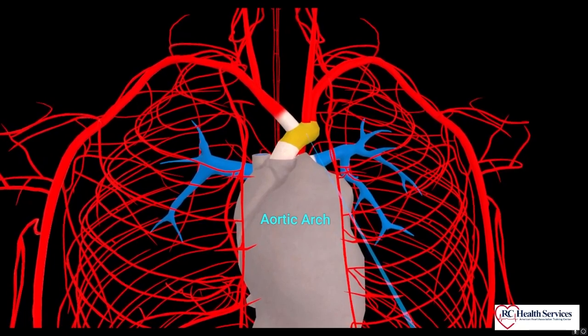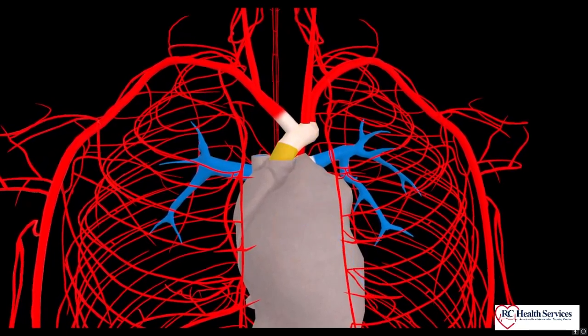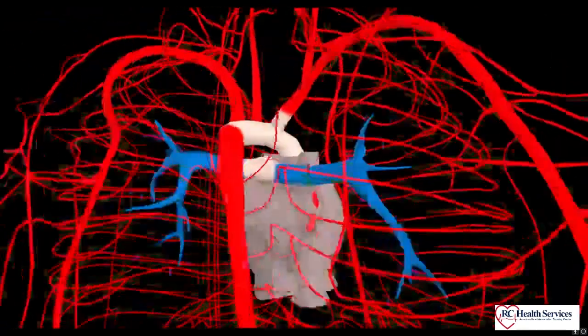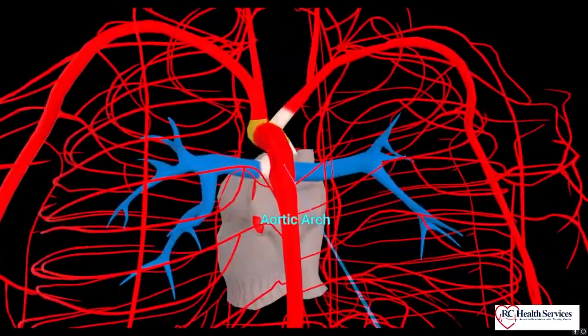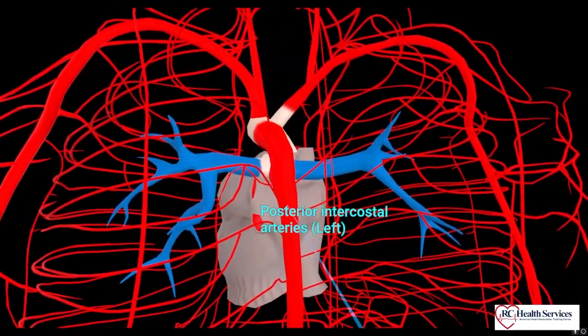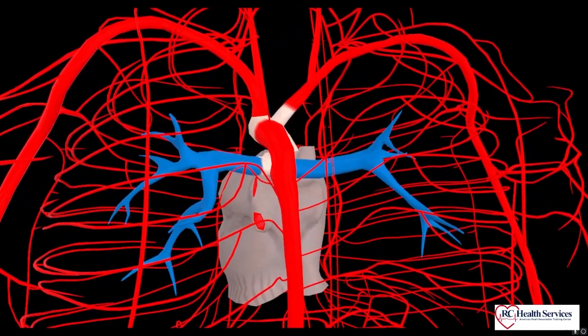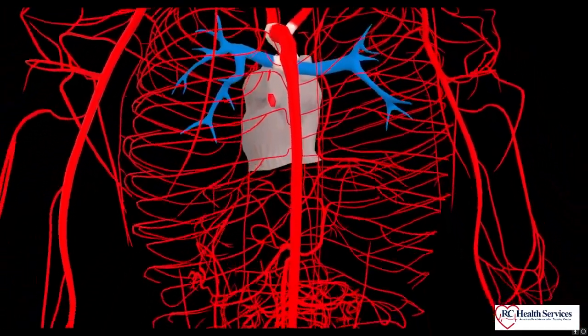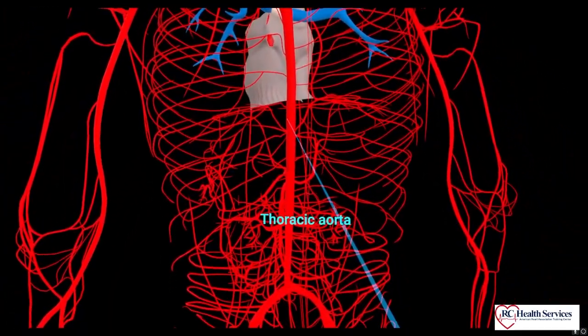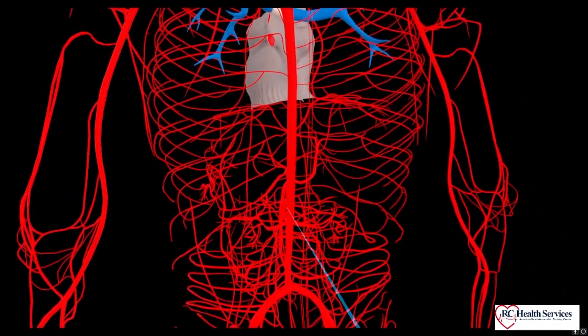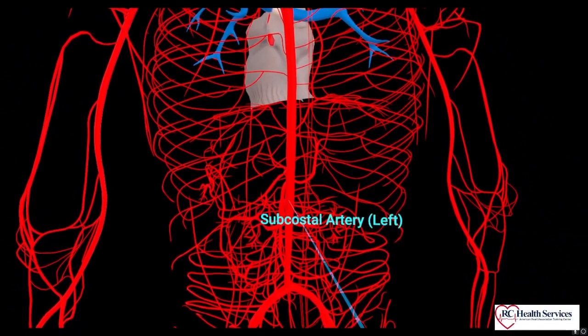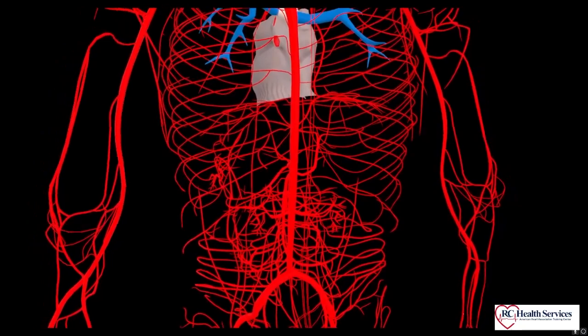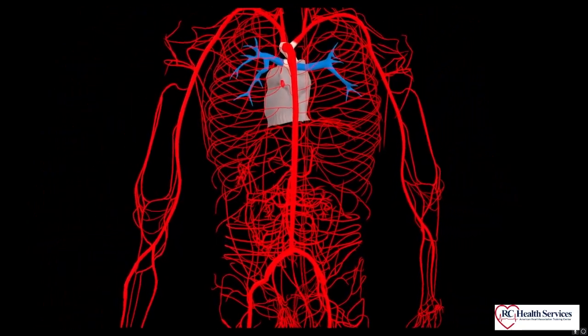It goes from the top of the heart and goes down towards the abdomen, to the thoracic aorta, and then the abdominal aorta. This is the largest vessel in your body. So if you were to accidentally nick or sever this artery, you bleed out very, very quickly.